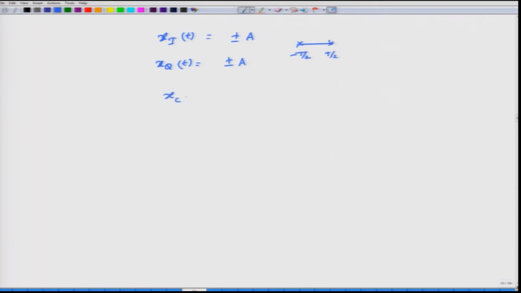Then what are the possible values of this signal, the carrier signal or the bandpass signal x of t, okay, and you can write down, plot it and then see for yourself that once I have specified the in-phase and quadrature components, it is rather easy for me to obtain the bandpass signal. So, this is bandpass signal x of t, right.